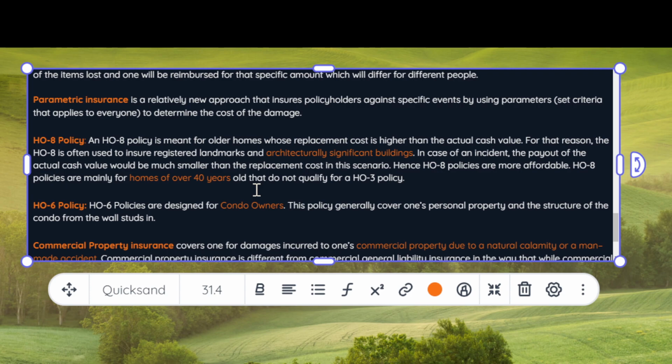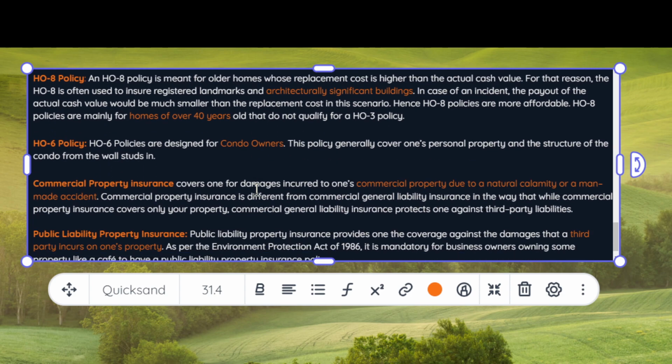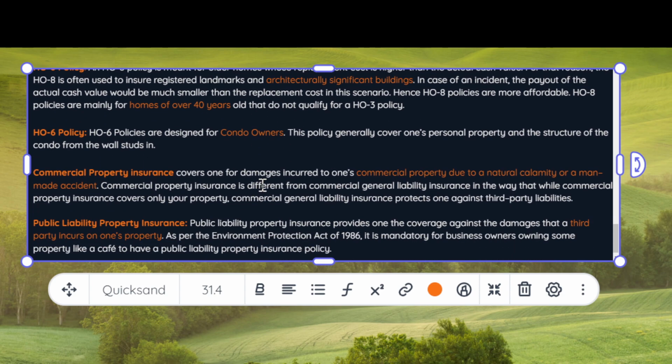That kind of arrangement is called a condo. And if you're a condo owner and want to cover any incident that happens in your property within the structure of your condo, you will go for an HO6 policy.